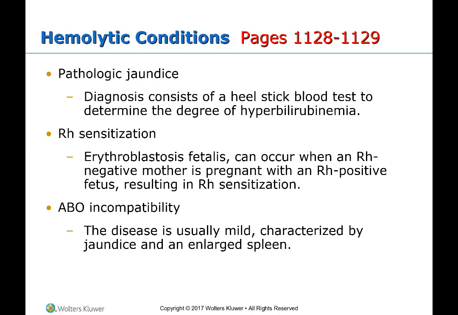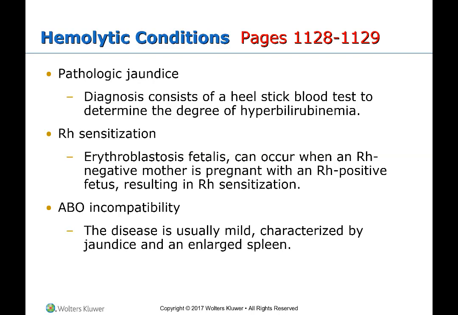The ABO incompatibility would be a mother that has a different blood type and the same thing happening. So the major blood groups are A, B, and O, and they're usually referred to as what? The ABO blood groups.